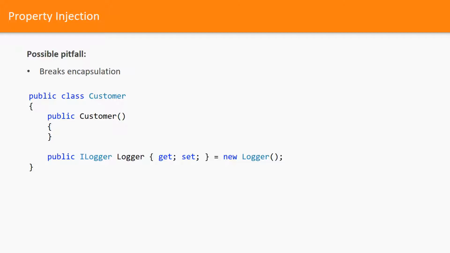In such cases, there should always be a default implementation of that dependency, and it should be set in a default constructor, or right in the property. You see the example on the slide. This code, by the way, relies on the C# 6 feature of property initialization.